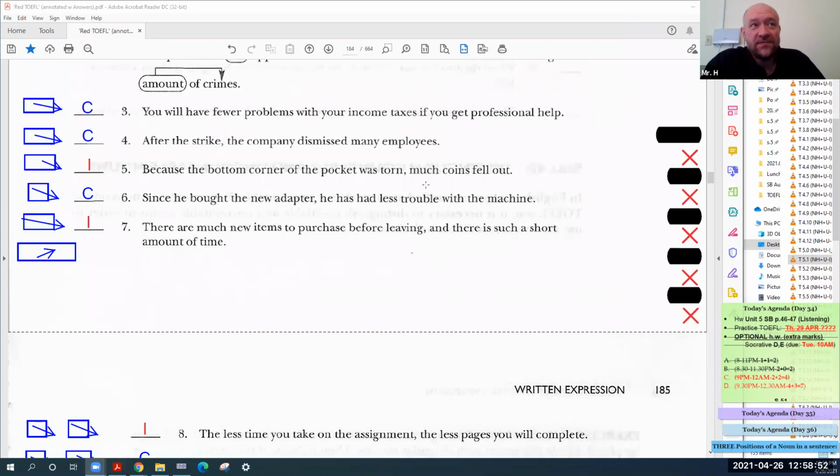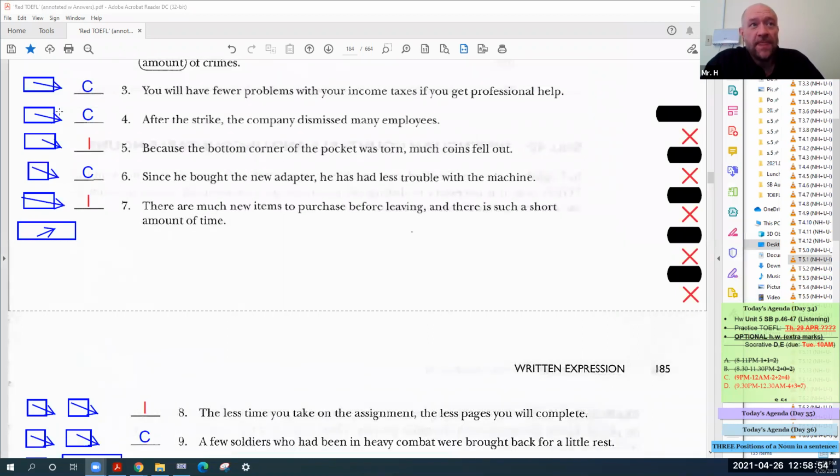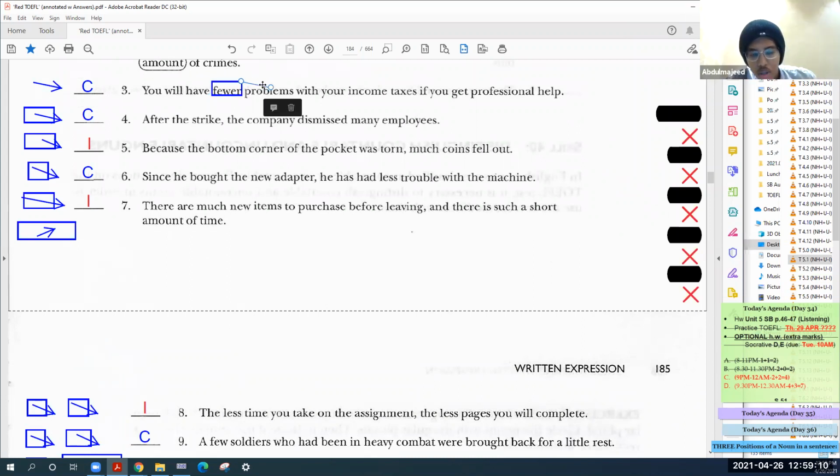Okay, so let's fix these quickly. Let's start here, Abdul Majid. Where do I put the circle? Keyword, first keyword. All right, and where is the noun for this? Problems. Good, problems. Okay, then let's do number 4, Mohana, keyword.